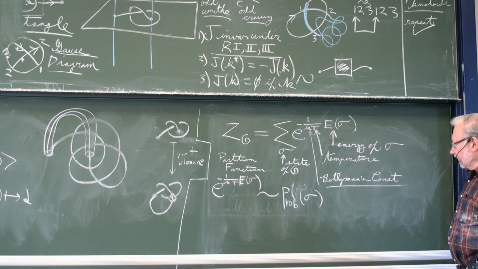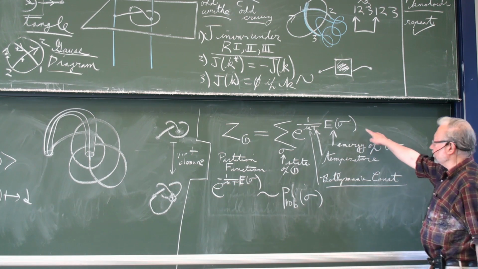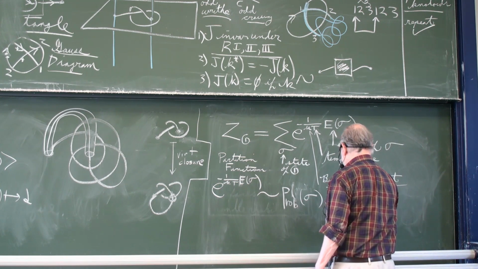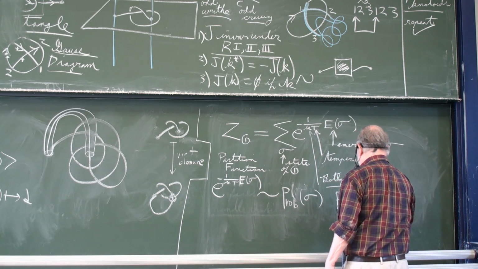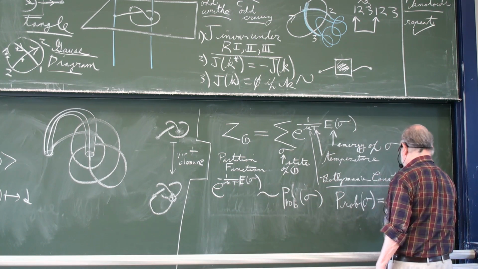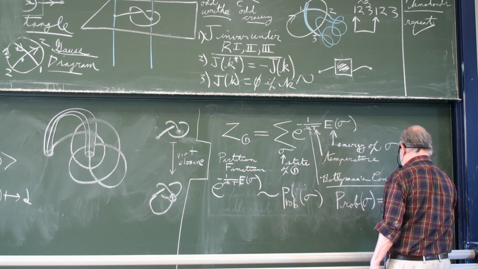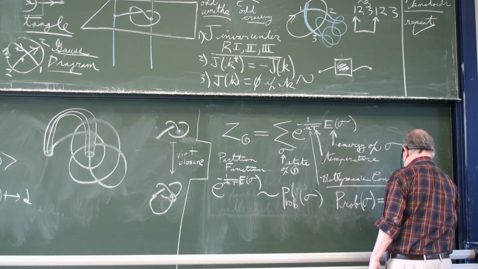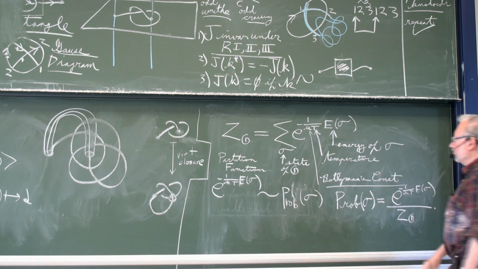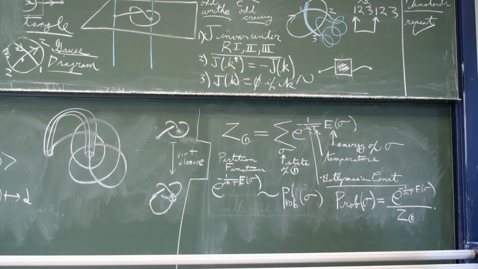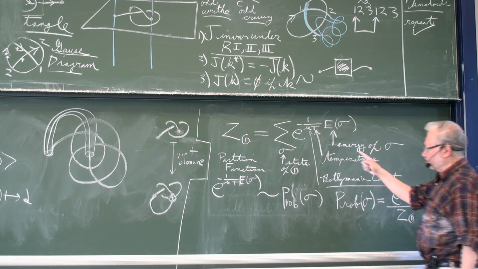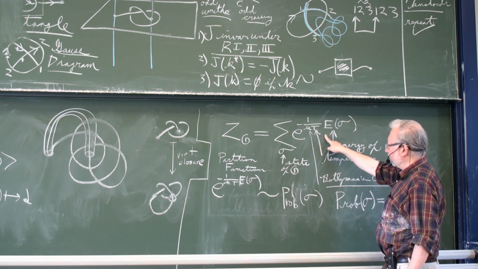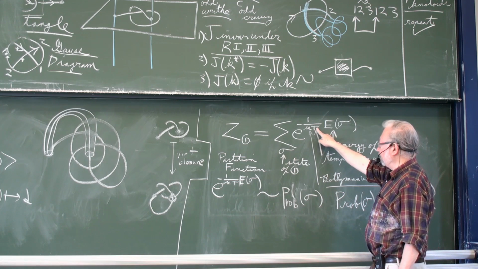And so on. If that's the case, then this is the denominator for finding the actual probability of the state, right? In this way of speaking, the actual probability of the state is going to be equal to e to the minus 1 over kt, energy of that state, divided by the partition function. That's so that the sum of the probabilities will be equal to 1. And so you see, for doing statistical mechanics, this is obviously an important function to have around. And you want to know, how does it behave with respect to temperature?